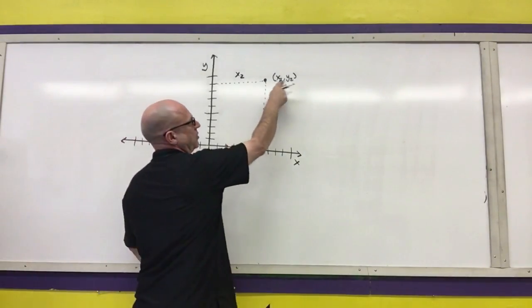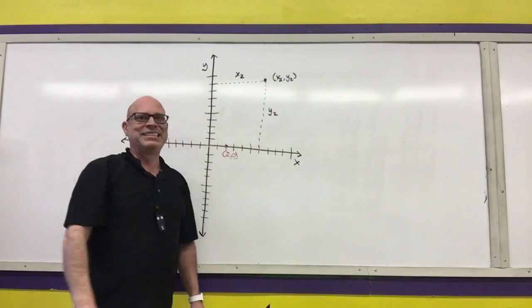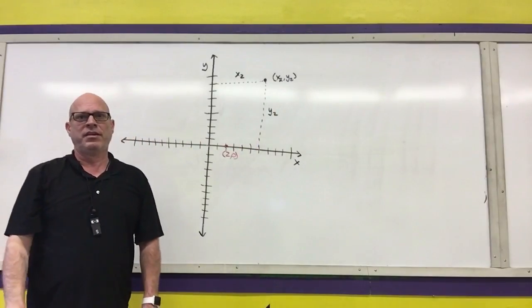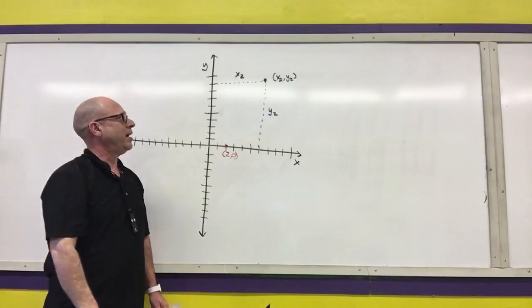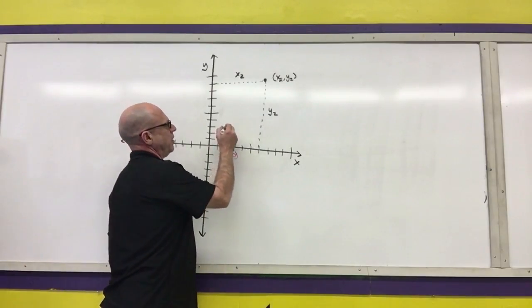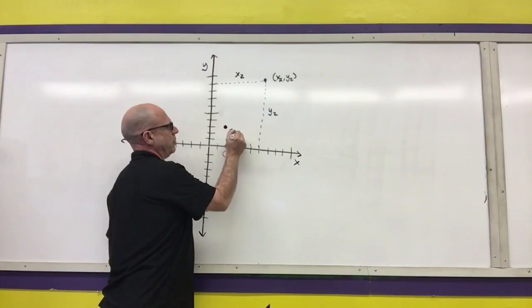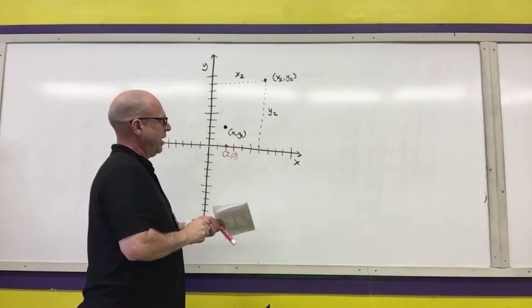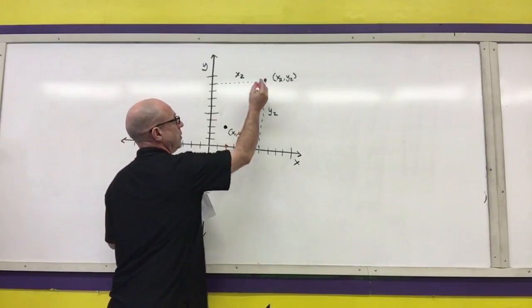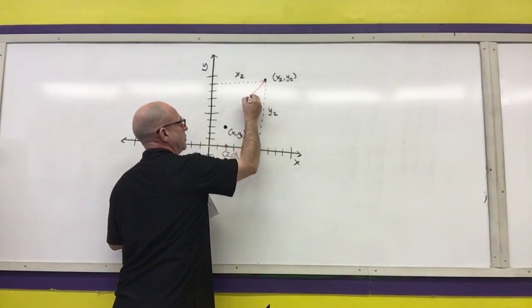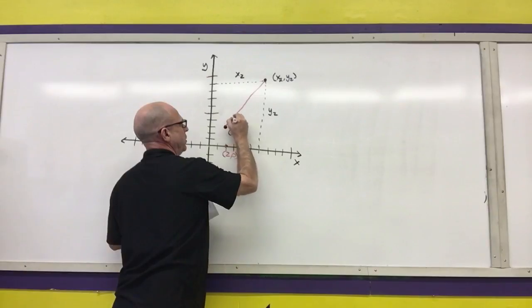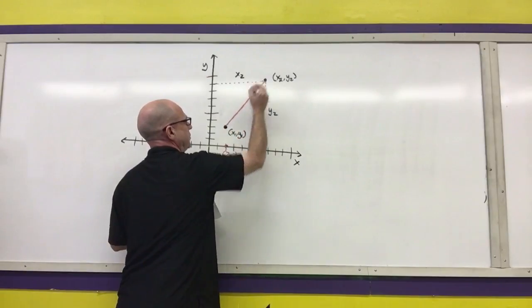So the actual coordinates of the points are telling you the distance that point is from the x-axis or the y-axis. I'm going to put another point, and I'm going to call it x1, comma y1. And the question I want to answer is how far these 2 points are from each other in a straight line.